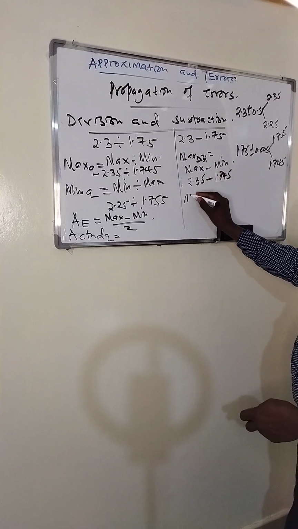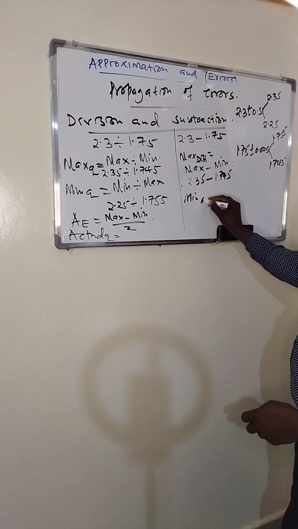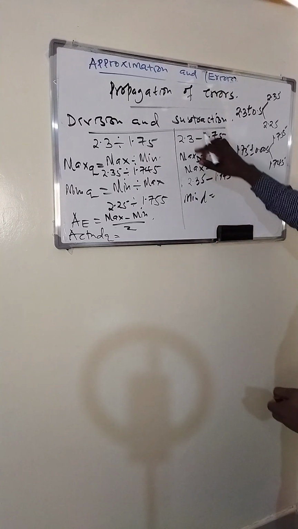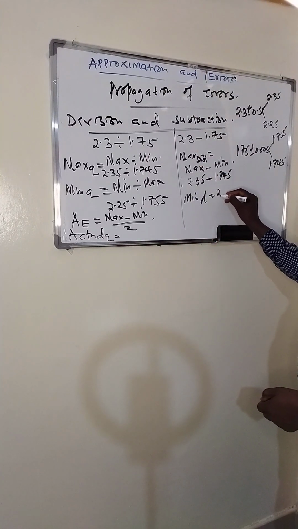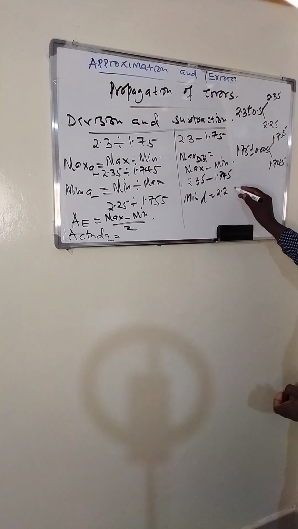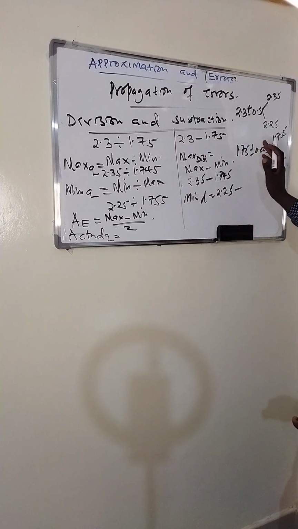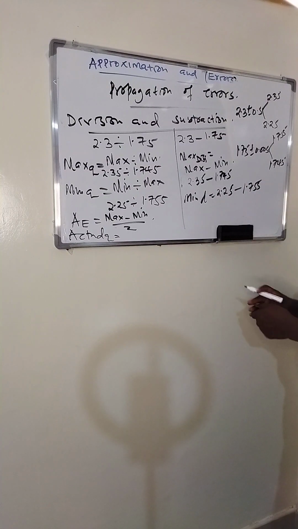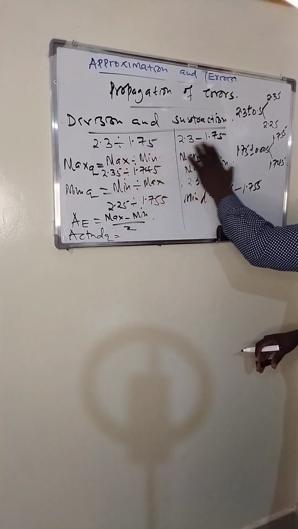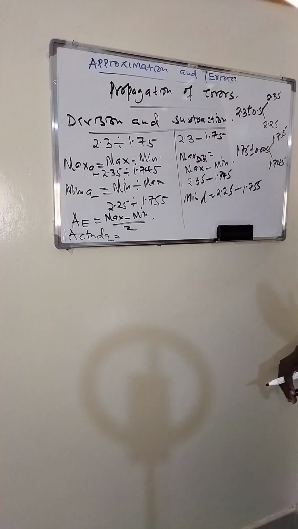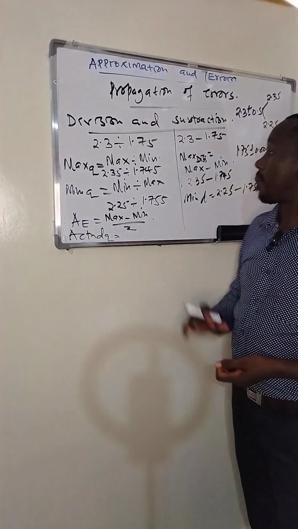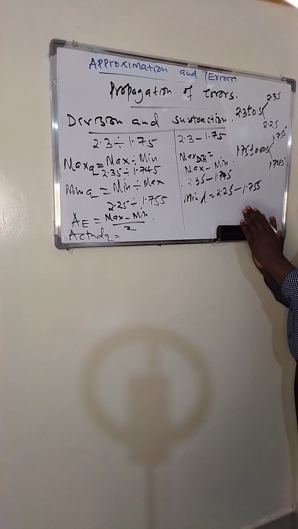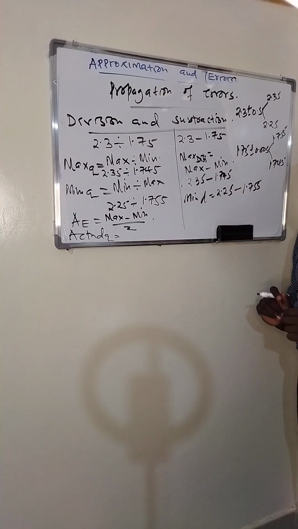For the minimum difference, you take the minimum of 2.3, which is 2.25, minus the maximum of 1.75, which is 1.755. So you notice it is the same thing. Division and subtraction behave the same way. Addition and multiplication again behave the same way. So that is how you categorize the propagation of errors.